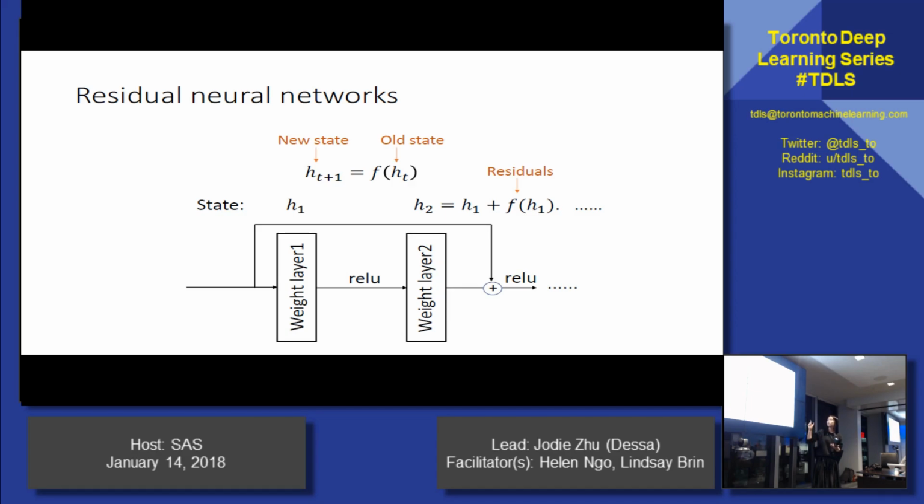When you're learning, it's way more efficient than learning the whole f function. Now we have the old state ht, and the residual is another new f. In the whole residual neural network, we are trying to estimate the residual function.